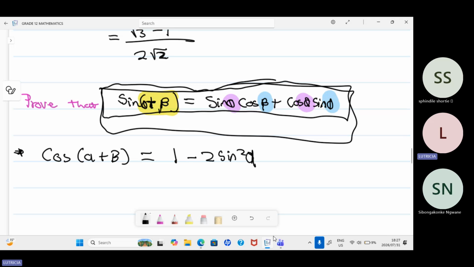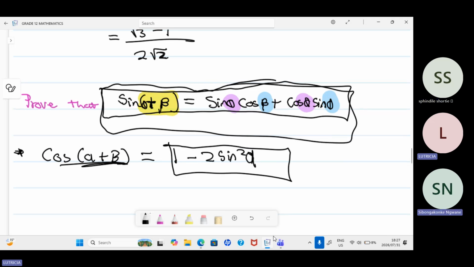That's how I know it. But proving this itself is something they're supposed to do.